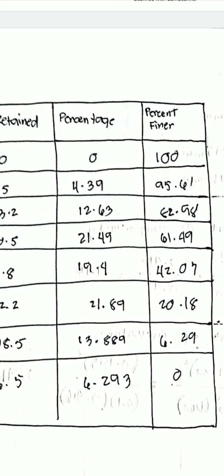Next is 95.61 minus 12.63, equal to 82.98. Then 82.98 minus 21.49 is equal to 61.49. Next is 61.49 minus 19.4, equal to 42.07. Then 42.07 minus 21.89 is equal to 20.18, and 20.18 minus 13.889 is equal to 6.29, and 6.29 minus 6.29 is equal to 0.